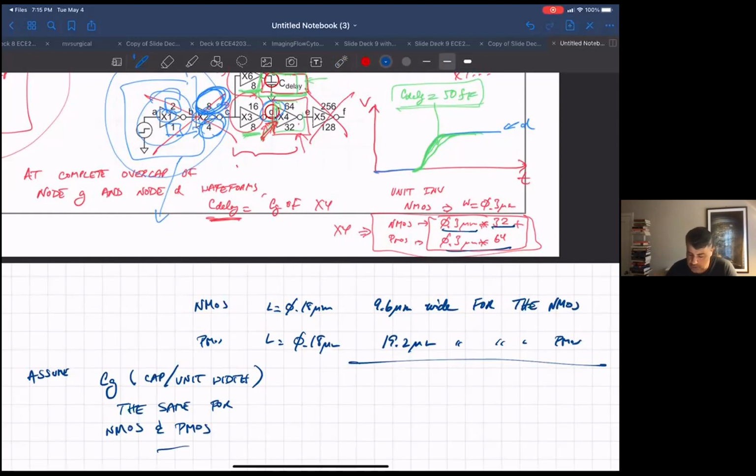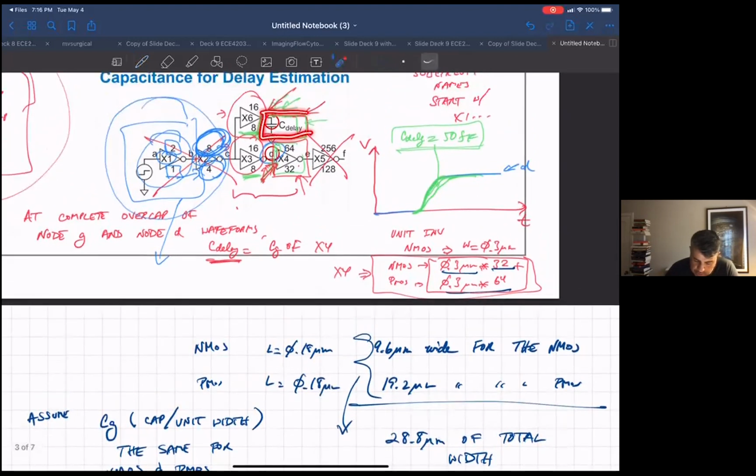So I can just add these two together in terms of widths. 9.6 plus 19.2 gives me 28.8 microns of total width for this device. And we're trying to size this to match this guy by overlapping the transitions in the simulation.